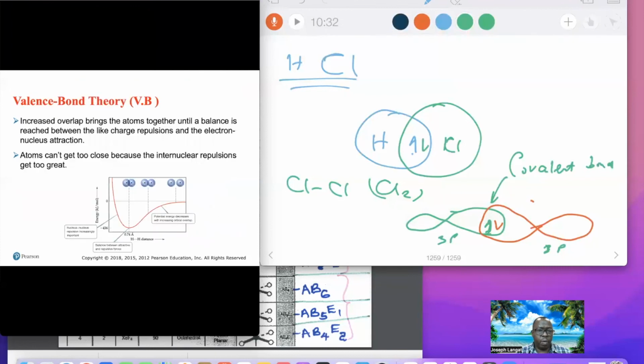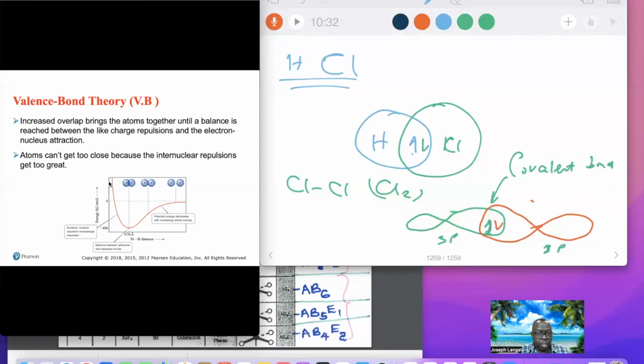By the way, when they overlap, there is an optimum distance at which the two nuclei should be separated, which we call the bond length. Putting them too close will require a lot of energy.